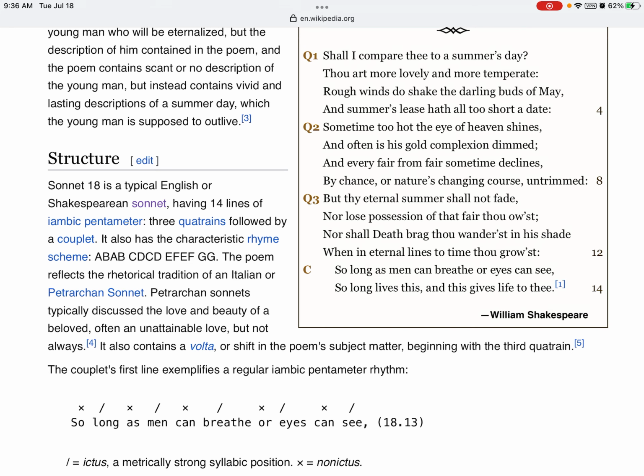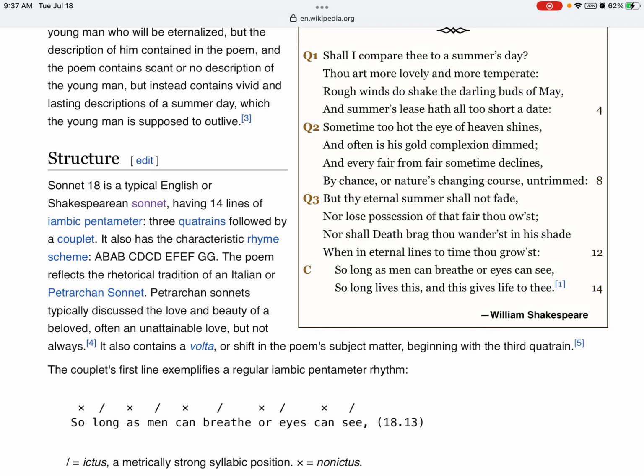They're very temporary, very ephemeral. Then in the last 6 lines, the argument is that because of this poem, that young person's beauty will not just fade away, because the poem will live on. So we'll come back to that idea.